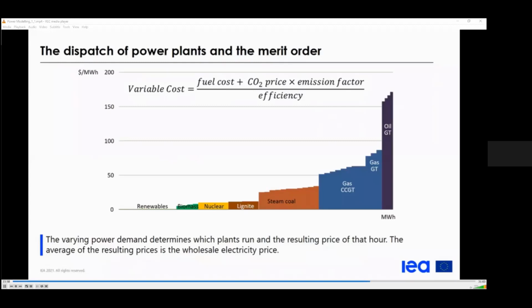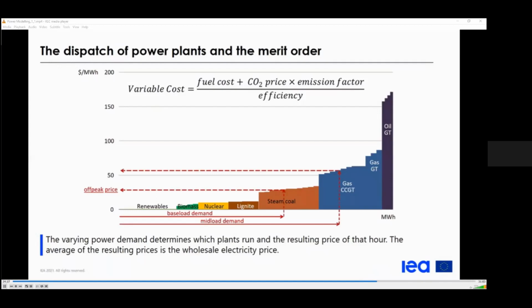This diagram shows the level of electricity demand on the x-axis, and it helps determine which plants will run, and the implication is the price. For example, the off-peak price would be determined mainly by nuclear, lignite, and steam coal during baseload hours, then mid-load, and also for peak load demand.